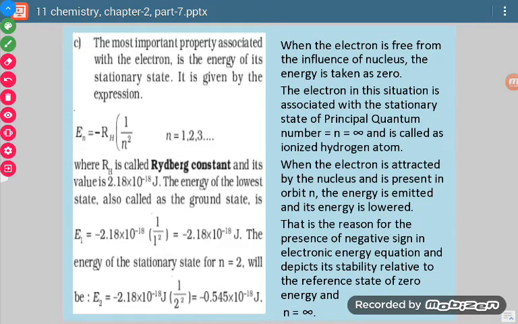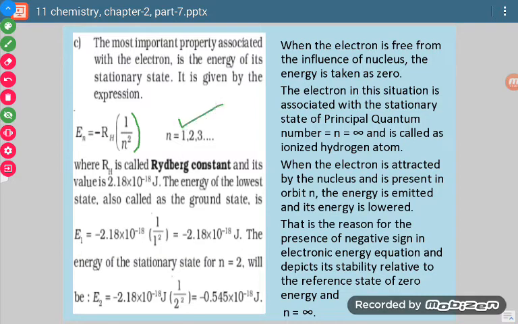Now the third thing: these energy levels are also called stationary states. Stationary state means that if an electron is present in a particular orbit, it will have a fixed value of energy. This fixed value of energy can be calculated by the relation E_n is equal to minus R_H multiplied by 1 by n square.